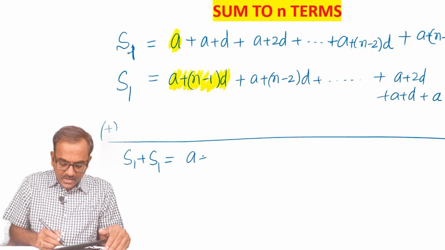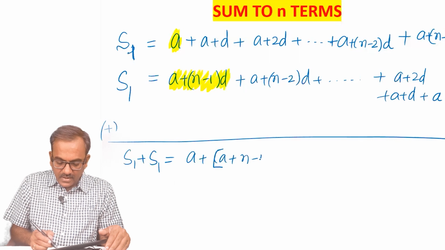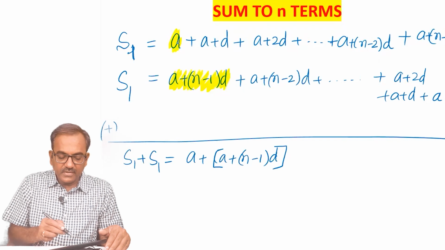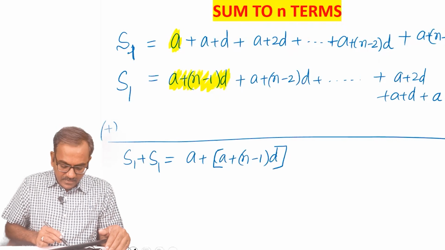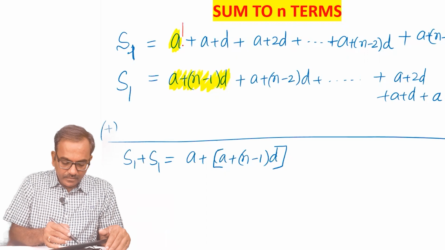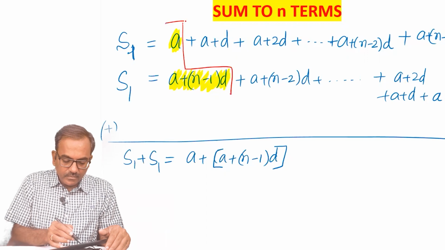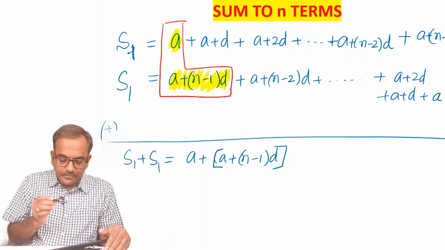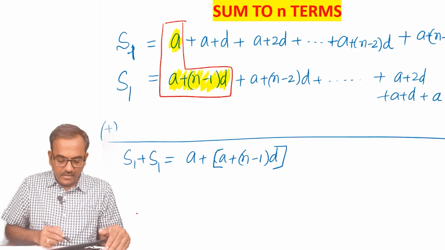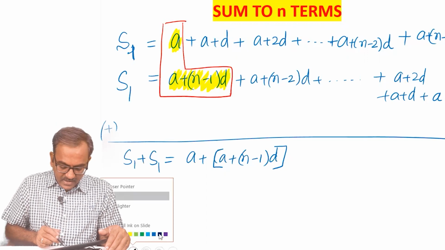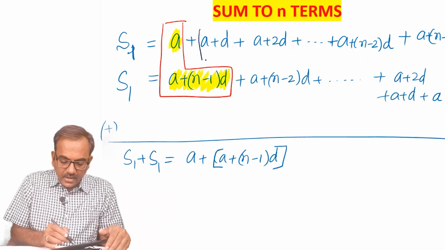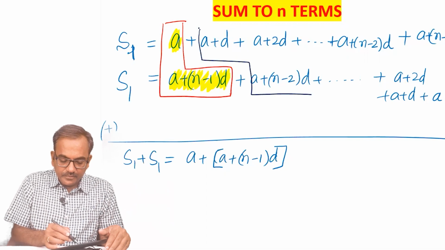I'll add them. I have a plus a plus n minus 1 times d. This is the first pair. Look at the first pair. Now let me take up the second pair. The second pair is here.